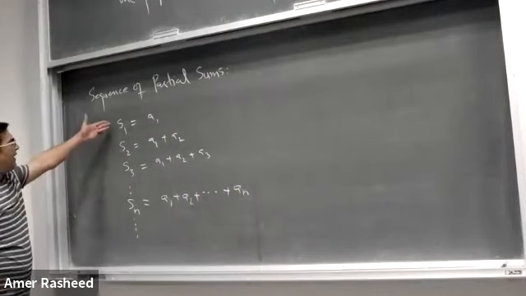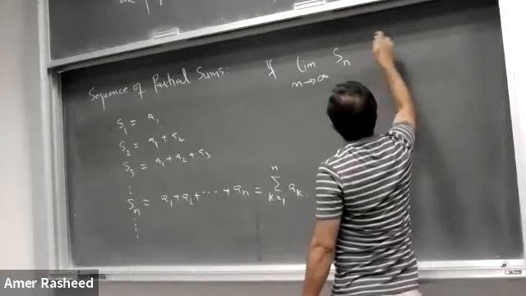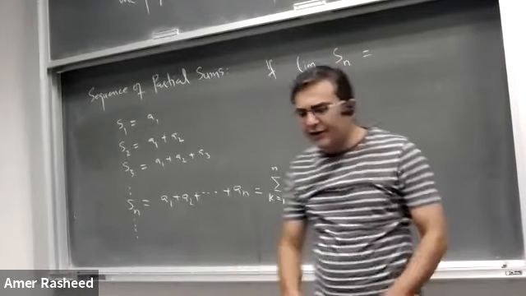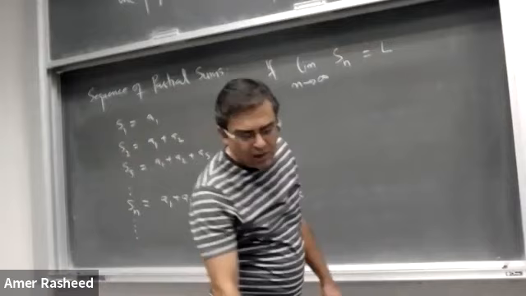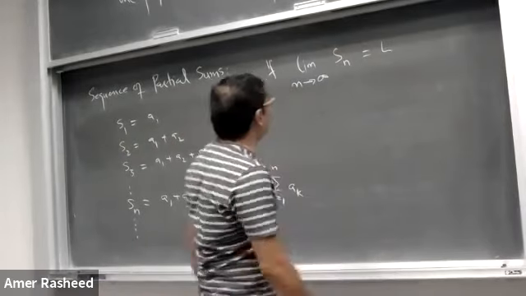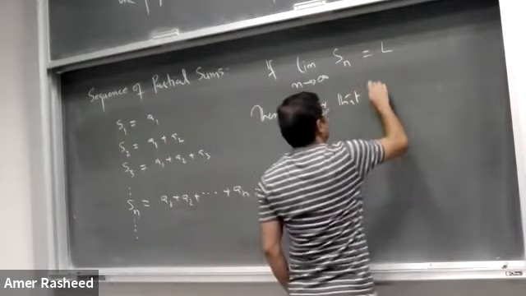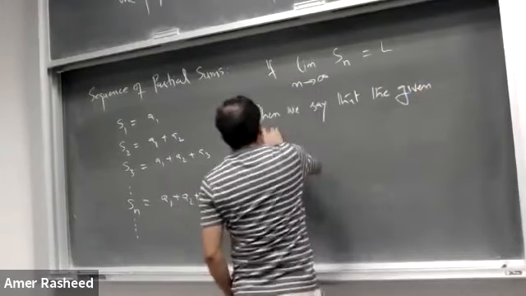This is a sequence of partial sums, and we say that if the limit as n approaches infinity of Sn is equal to some finite number, which I have written here as L, then the given infinite series is convergent.